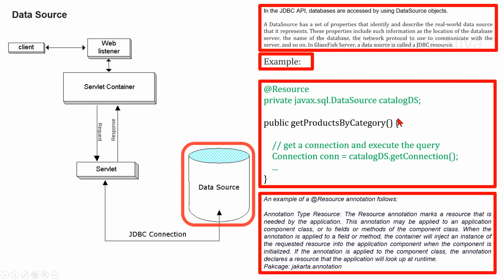Moreover, the catalogDS resource no longer needs to be defined in the deployment descriptor. Here we get a connection and execute a query.